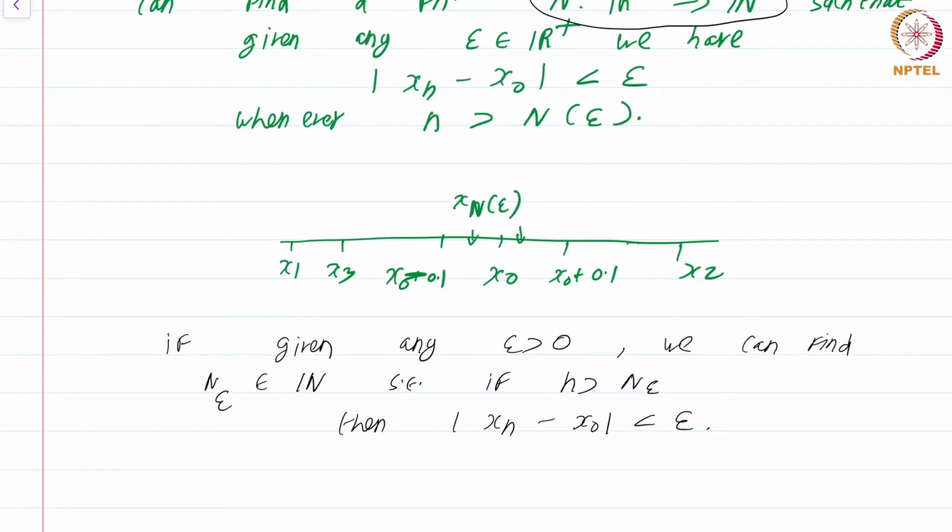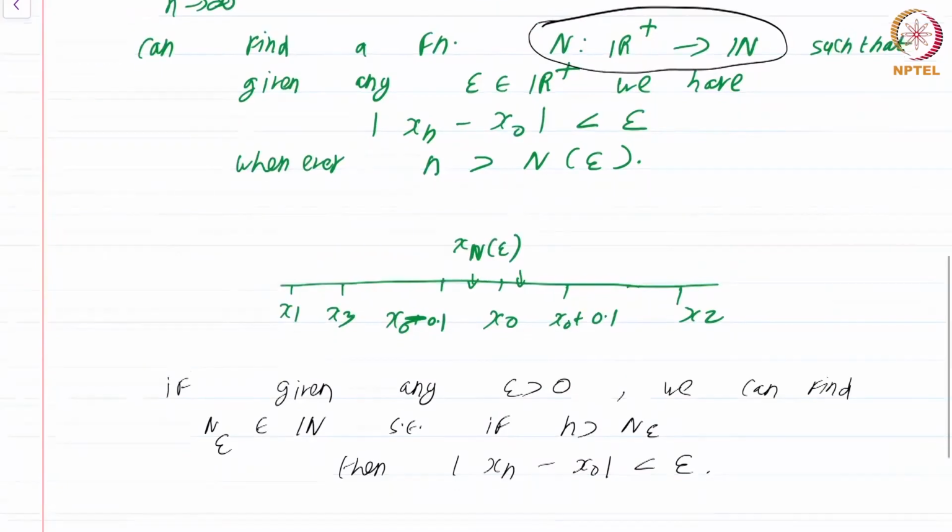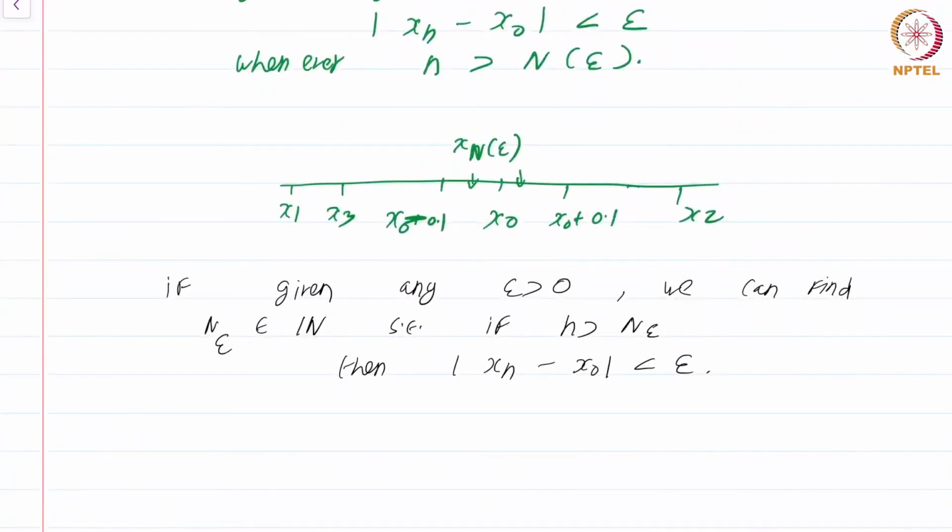The standard textbook definition of convergence and the definition we have given in terms of this function N from R plus to natural numbers is exactly the same. The only difference is I have chosen to treat N epsilon in the textbook definition as a function of epsilon. The reason is that it clarifies that there is a relationship between epsilon and N epsilon.